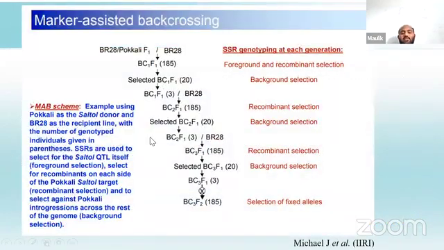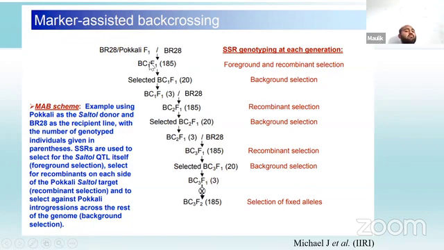This is the flow diagram of marker assisted backcross breeding, meaning how to select plants which are actually resistant to salinity. First of all, cross BR28 and Pokkali to develop F1. Always use F1 as the male parent, don't miss this, and the recurrent parent always as the female parent.